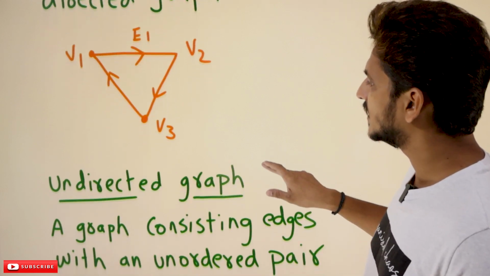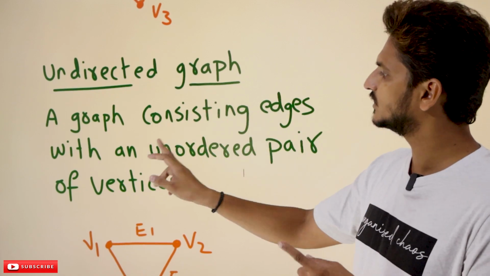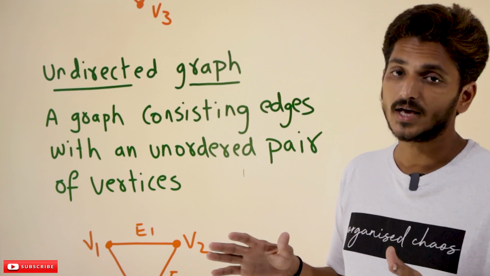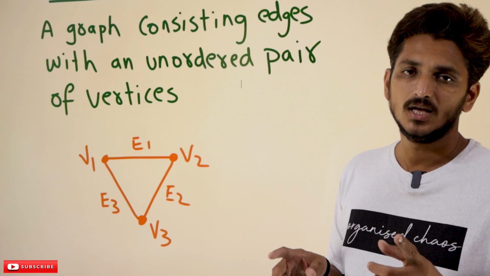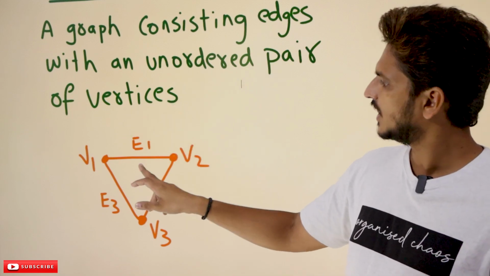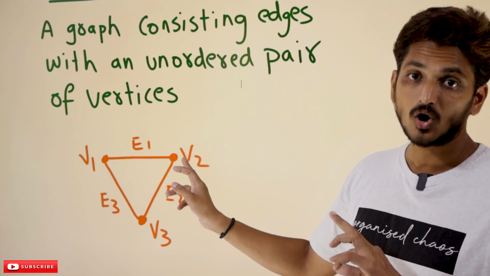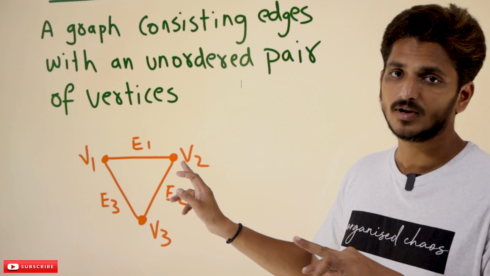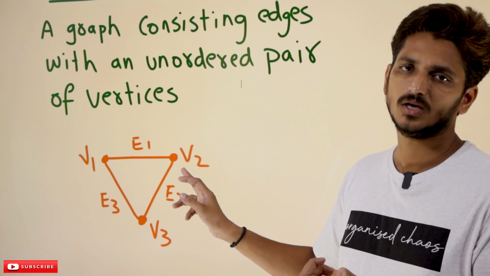Similarly, the next definition is undirected graph. A graph consisting of edges with an unordered pair of vertices. It means there is no direction. An edge is a connection between two vertices. The two vertices are an unordered pair of vertices. This E1 is an edge that connects V1 and V2. Unordered pair means V2 and V1 also. There is no order for V1 and V2. V1 is connecting V2, V2 is connecting V1, both.